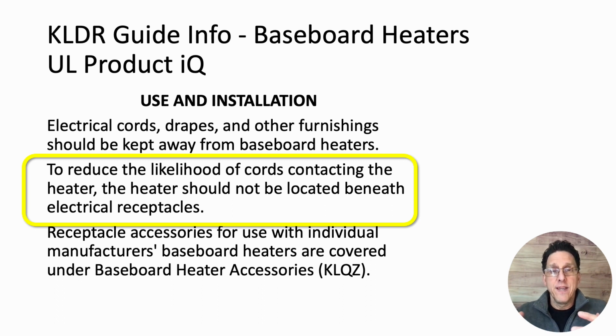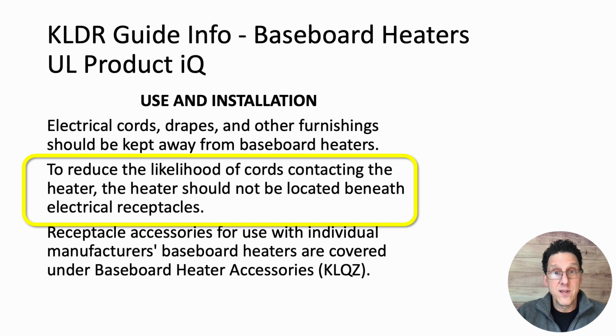So, what could happen is this. The original installer installs the heater, right? And there's no air conditioner and there's no receptacle. So, initially, the heater is installed correctly. It's installed in accordance with the instructions, right? There's no receptacle there. And then another installer comes along later and installs that receptacle above that heater.